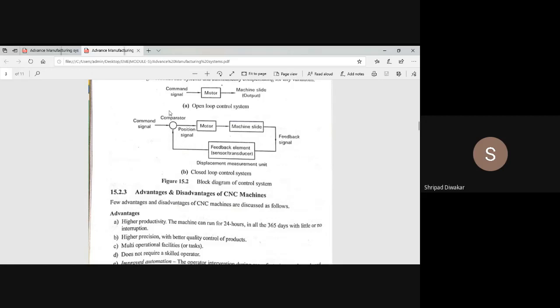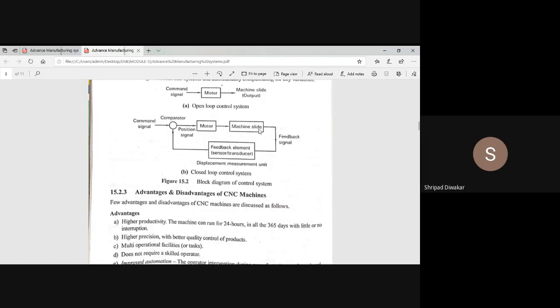First, the command signals from the computer memory enter into the input, and then from the input into the controller unit, which is nothing but the motor, and then from the controller unit to the actual machine. Suppose something goes wrong in the actual machine regarding operation or a program problem, etc. Those problems are sent to the feedback element.